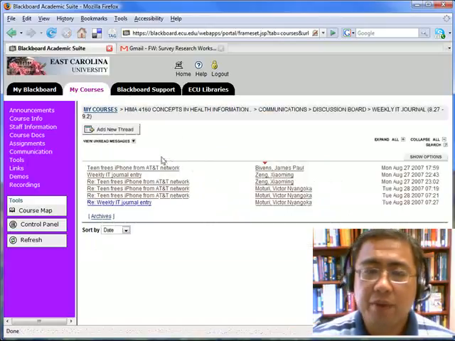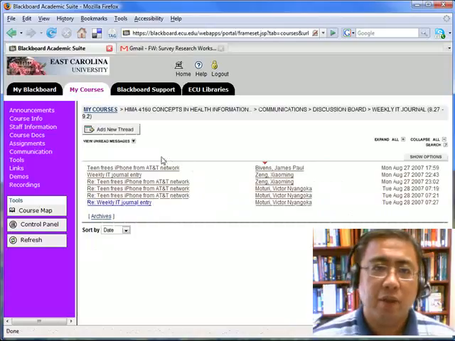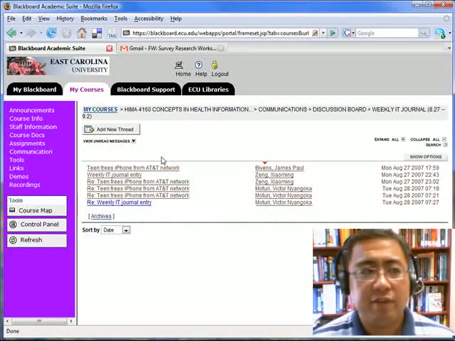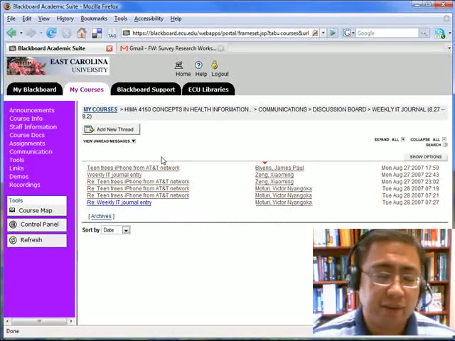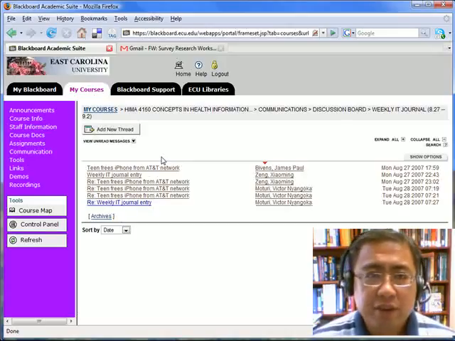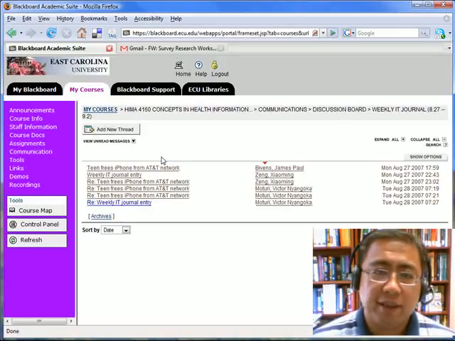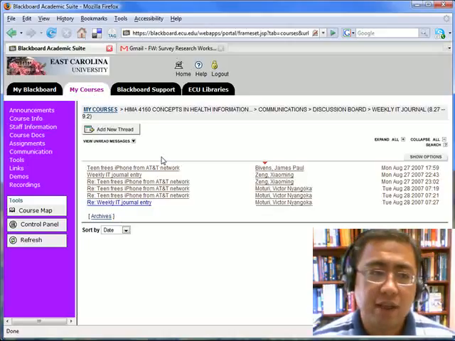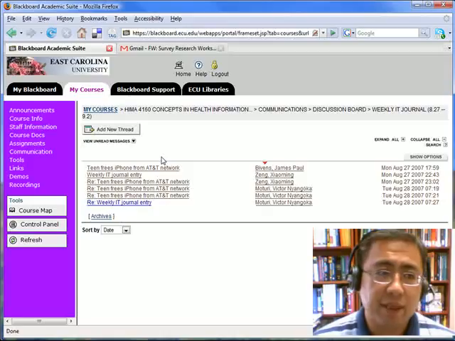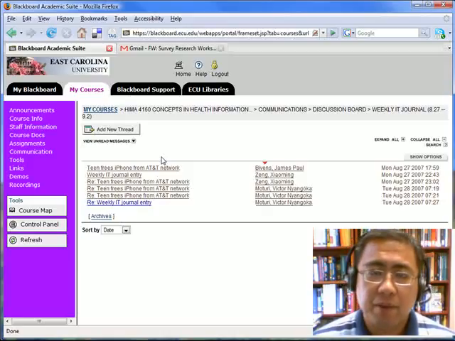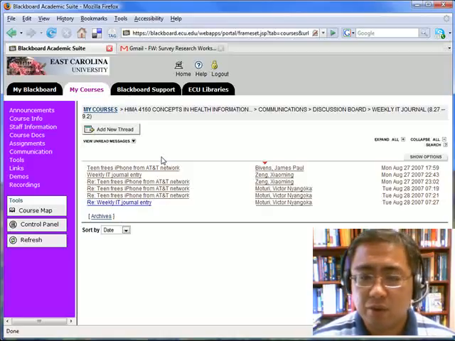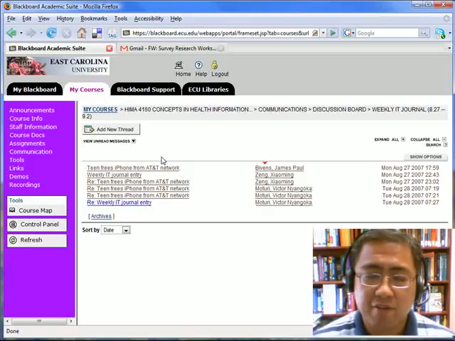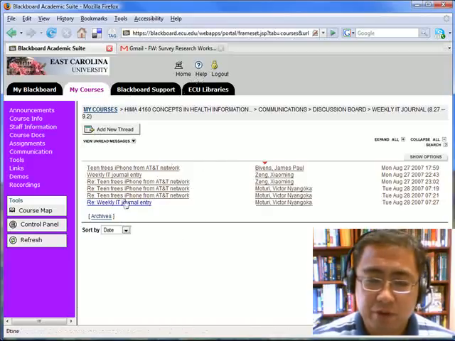What I want you to do is during the week when you read the newspaper or watch TV or do any kind of reading, if you stumble upon anything related to information technology that you find interesting, try to post a connection here and also provide a brief discussion of why this topic is interesting and why you wanted to share this information with the classmates and the instructor. You may also want to share your thoughts on the news and its impacts on our social life. Okay, that's the weekly IT journal.